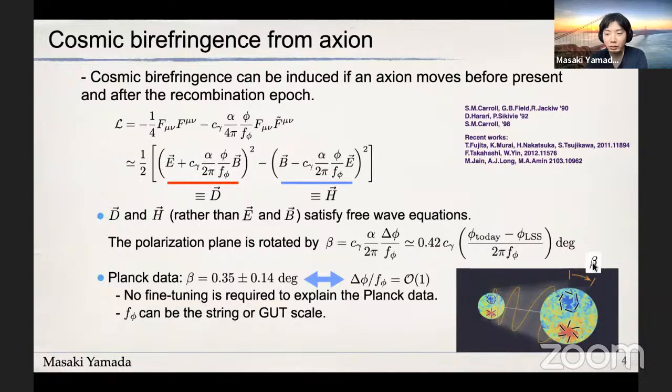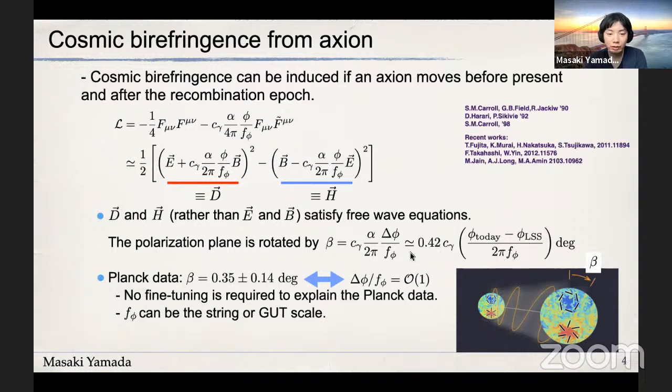So the birefringence angle, or the rotation angle of the CMB photon, is given by this formula, where delta phi is the difference of the field value of the axion between the recombination epoch and the present. And if the axion moves after the recombination epoch, we expect that this combination is of order unity.